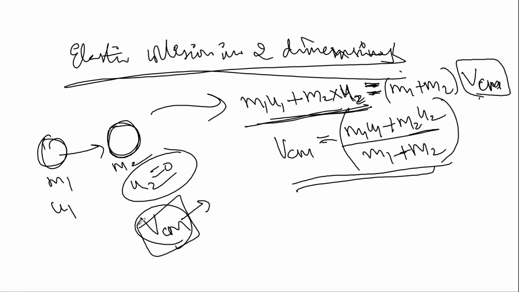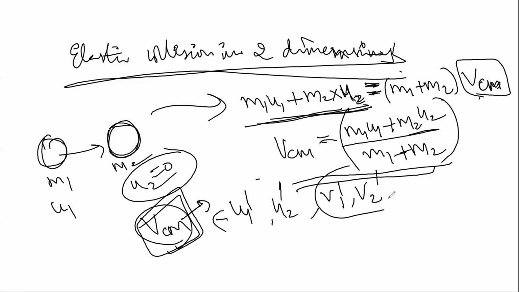Now let me take that u1 dash and u2 dash are the initial velocities of the two particles in my center of mass frame of reference, and v1 dash and v2 dash are my final velocities of the bodies in my center of mass frame of reference.